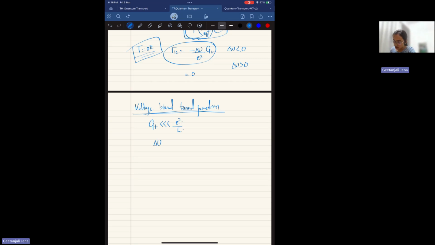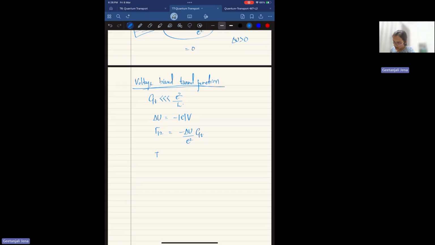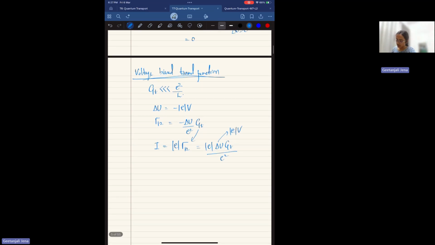So we can write the change in energy between the source and drain as the applied voltage minus E times P, and gamma 1, 2 will be given by delta U by E square GT, and the current is given by mod E times gamma 1, 2. So if we put it here, we'll get delta U GT by E square, and delta U is E times V. So E square will cancel.